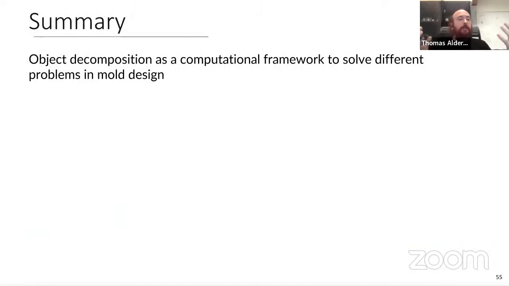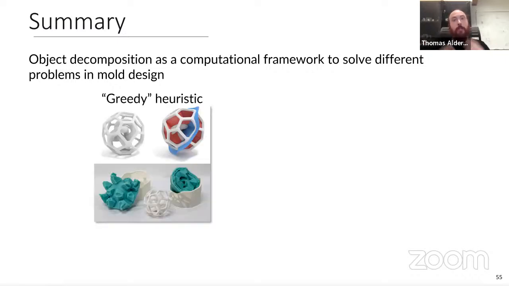So to summarize this deep dive, I presented you 2 methods based on object decomposition that solve different problems related to mold design. And as Marco was introducing in his motivational talk, these 2 methods are very different in terms of how we tackle the problem of designing a mold.